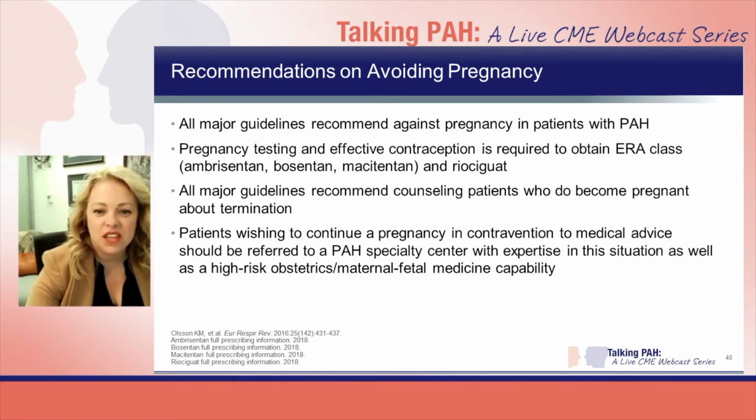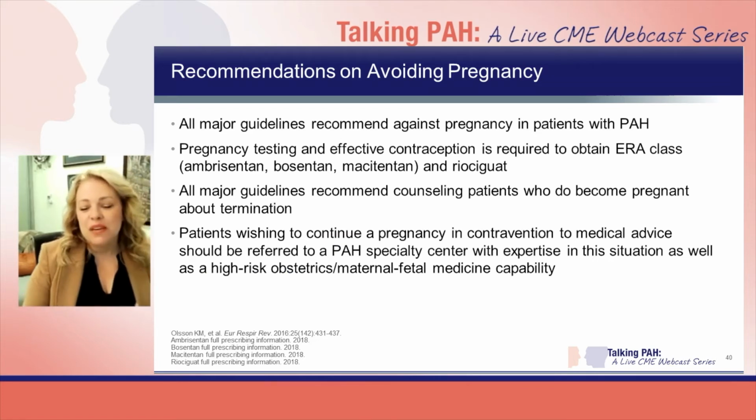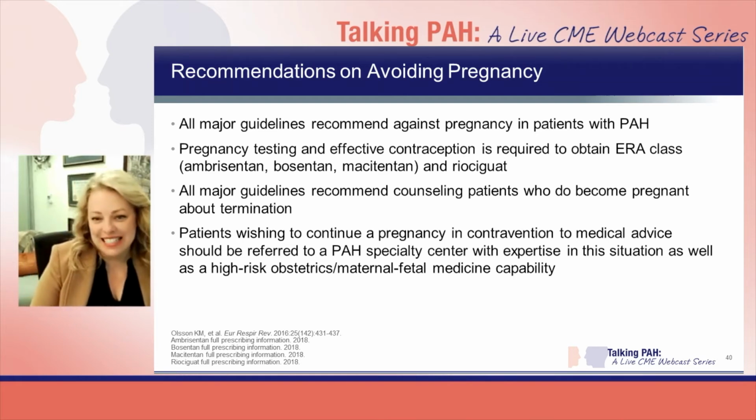So beginning this talk, the recommendations are still to avoid pregnancy. And this has always been a difficult discussion for us. Many of our patients are young women, but all major guidelines recommend against pregnancy in patients with PAH. And we're going to talk about the physiology of why that recommendation is in place.